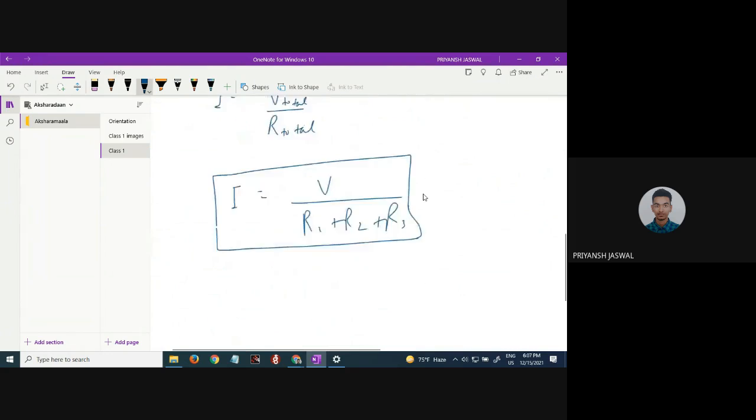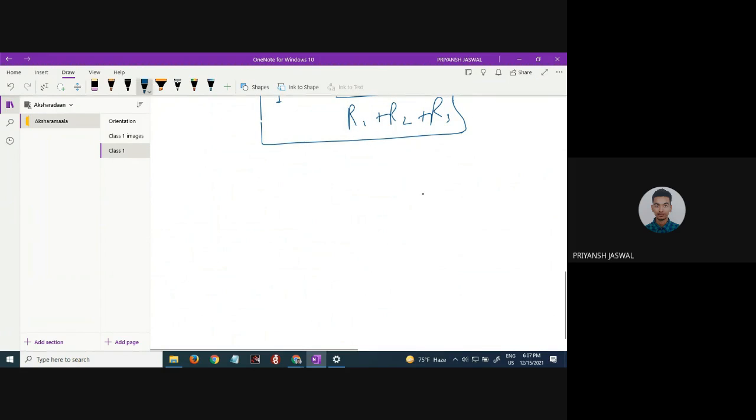Okay. So now let us calculate the potential difference or potential drop across individual resistances.